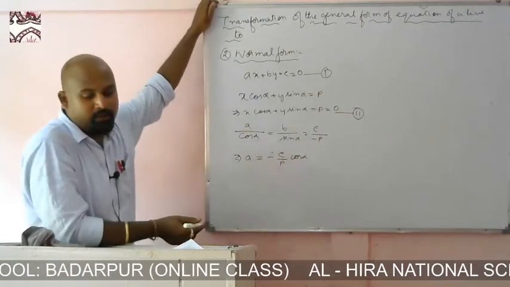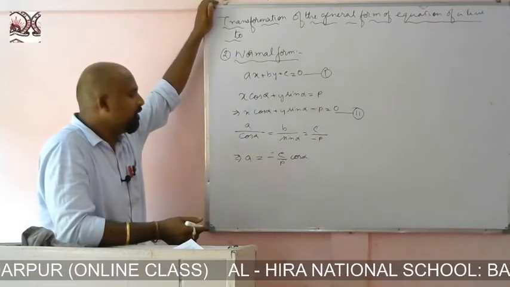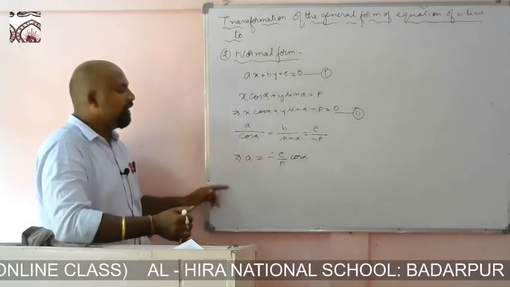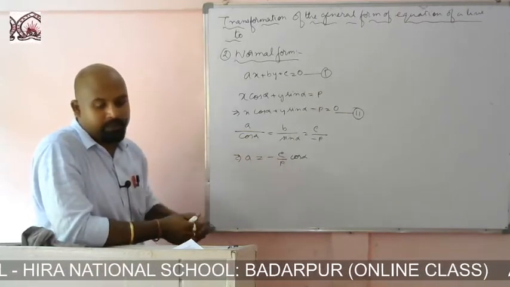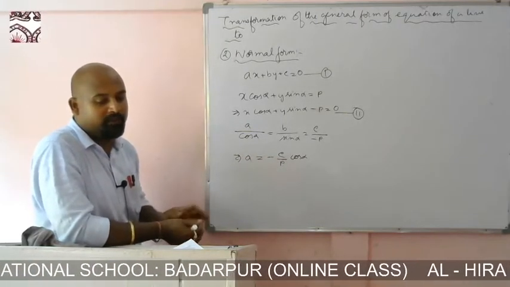Then a equal to minus c by p into cos alpha.